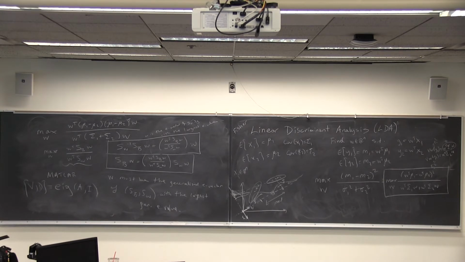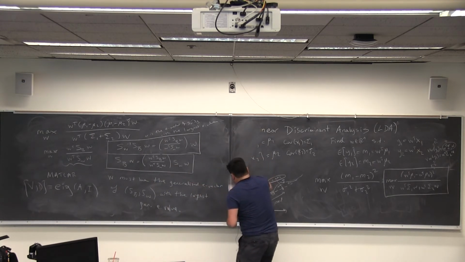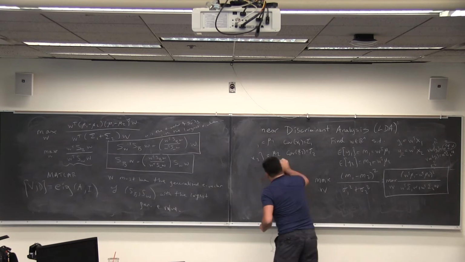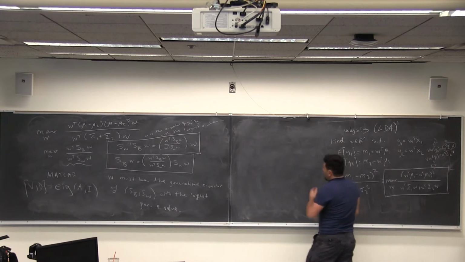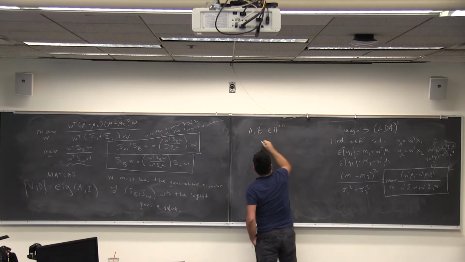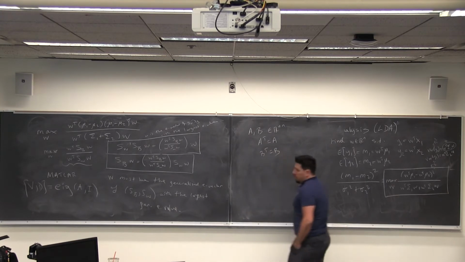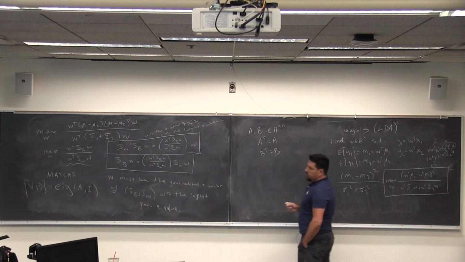What does a generalized eigenvector mean? If we have two symmetric matrices, then you can talk about the generalized eigenvalues and vectors of this matrix pair.